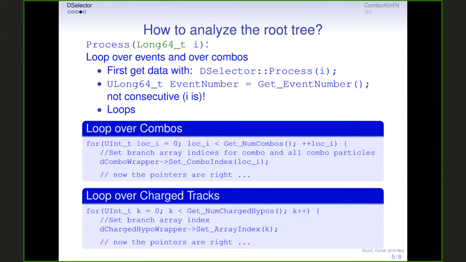And one of the first things you have to do is set the index of this array to the proper location so that you can access the data, and that is done by set array index. Right. And then from that on, you can use all those methods to access the data that is associated with these charged particles.